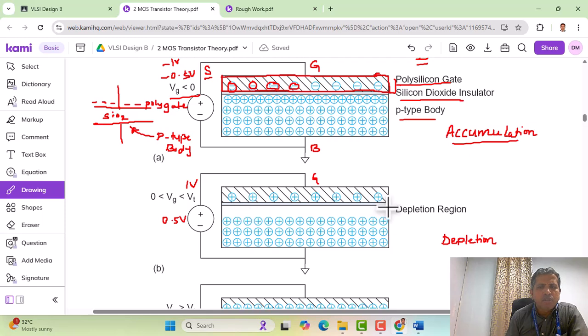This region is called the depletion region.